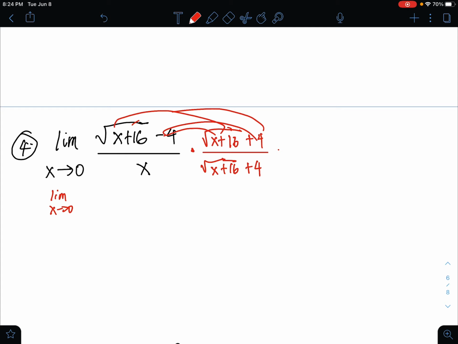The result for that is simply x plus 16 minus 16, all over x times the square root of x plus 16 plus 4. What remains in the numerator is x.